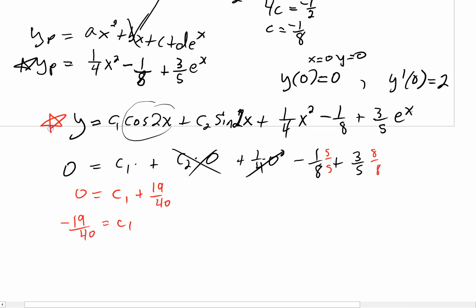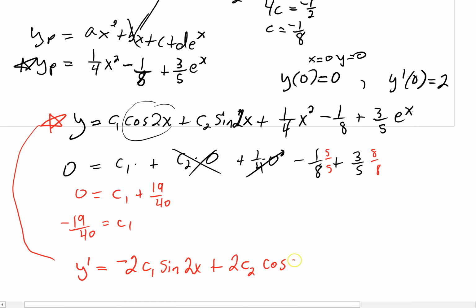But here we are with our y. Let's go ahead and take our derivative. Y prime, well, the derivative of cosine is negative sine, but we need the chain rule here. The derivative of sine is just cosine, but we need the chain rule once again. Here we can bring down a 2, and we'd get 1/2 x. Derivative of negative 1/8, well, that goes away. And then we'll have a 3/5 e to the x.